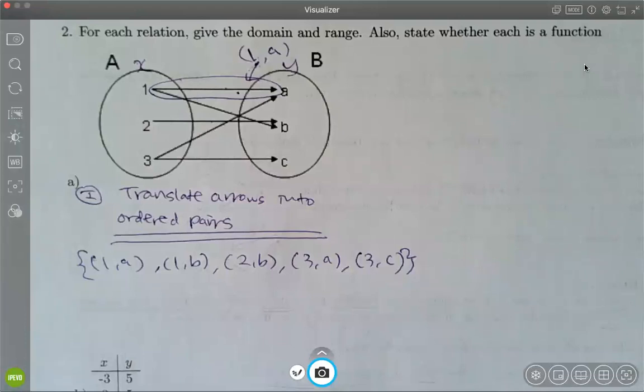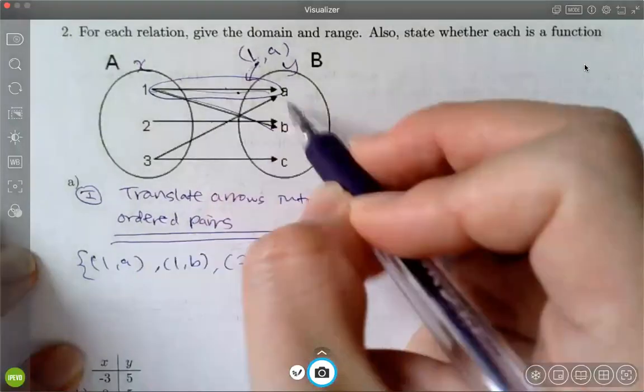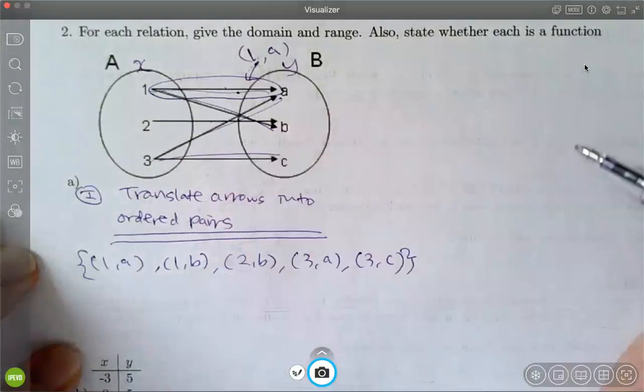So it's a relation. Now, is this a function? No, and why not? Because 1 and 3 are both repeated. So 1 and 3 go to different y values, right? And that's not good for a function.